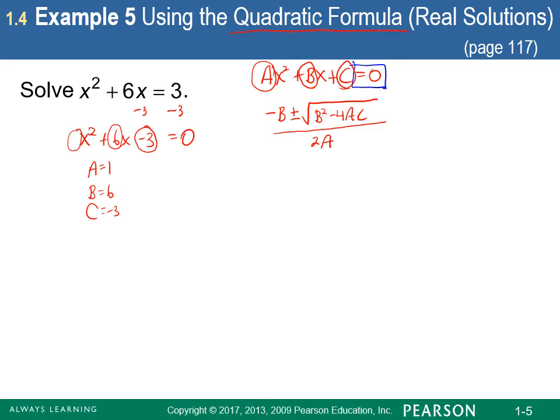So we want to replace all the letters with what we just wrote. Now the negative sign in front of the b stays there. Then we need to replace the b. So get in the habit of using parentheses for all your letters, and then substituting the numbers in their correct spots.